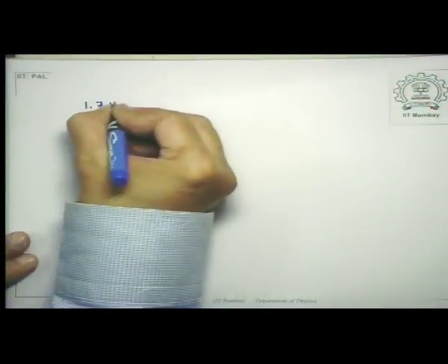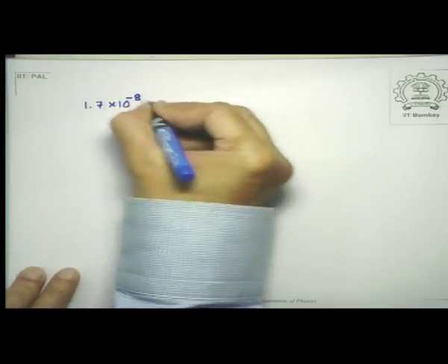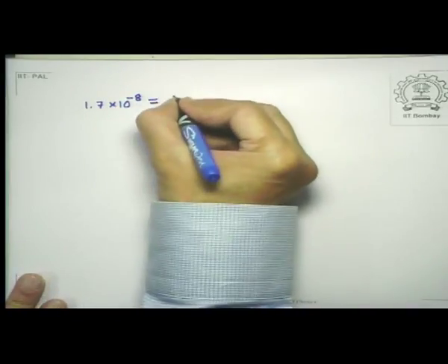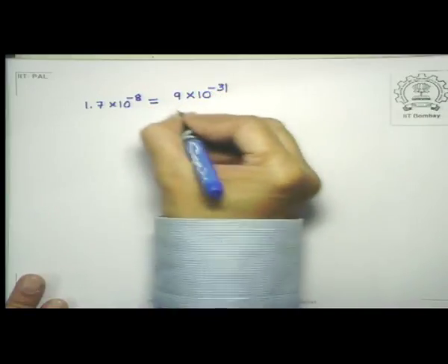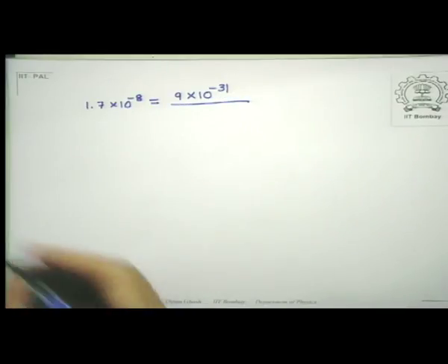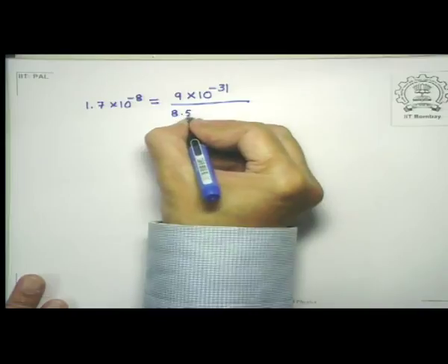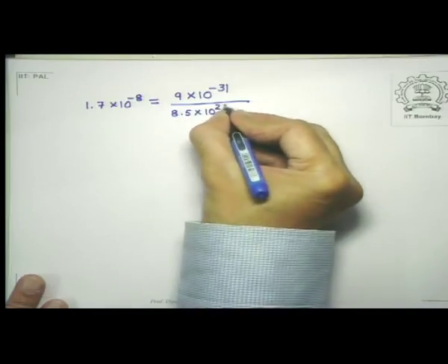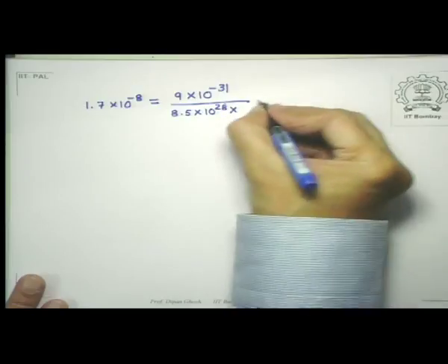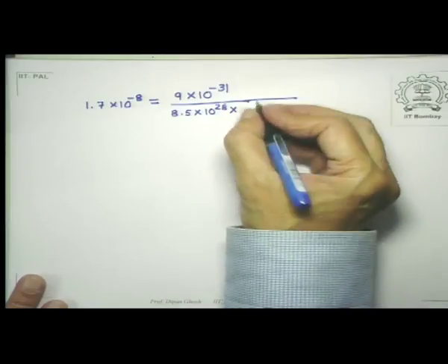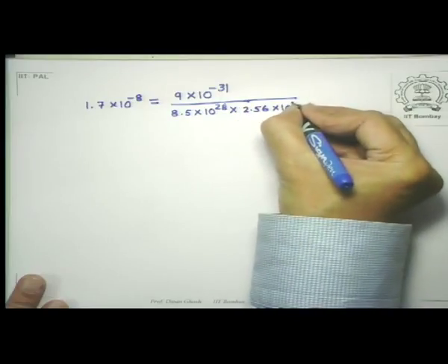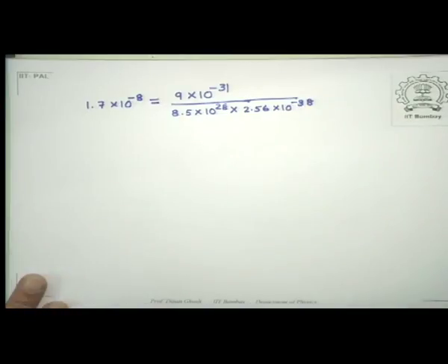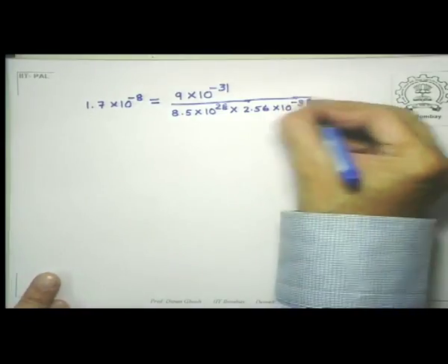So, therefore, for copper 1.7 into 10 to the minus 8, which is my resistivity, is m, which is the mass of the electron, so 9 into 10 to the power minus 31 kg, divided by n, which we calculated in that problem to be 8.5 into 10 to the power 28, into e square. e is 1.6 into 10 to the minus 19, so it is 2.56 into 10 to the power minus 38, and this times tau.